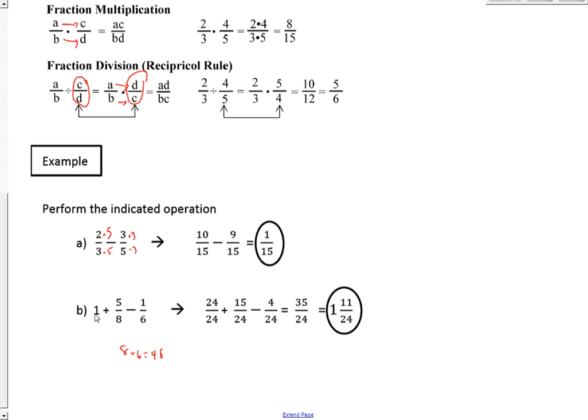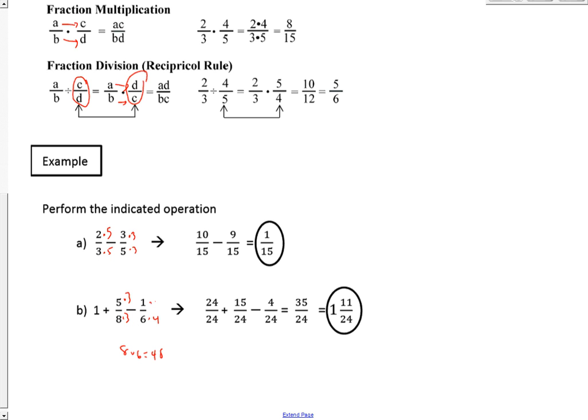So for 1, I'm going to have 24 over 24. For the first fraction, to get 24, I would need to multiply 8 times 3. So I'm going to multiply the top and bottom times 3. That gives me 15 over 24. And 6 times 4 is 24.